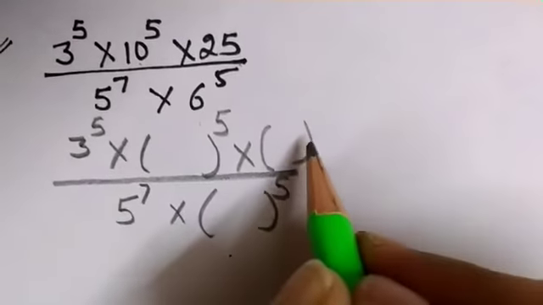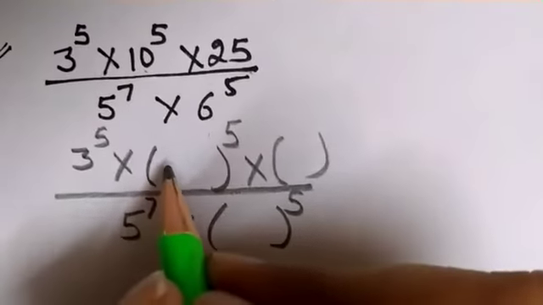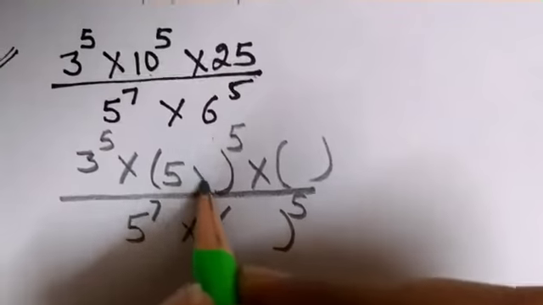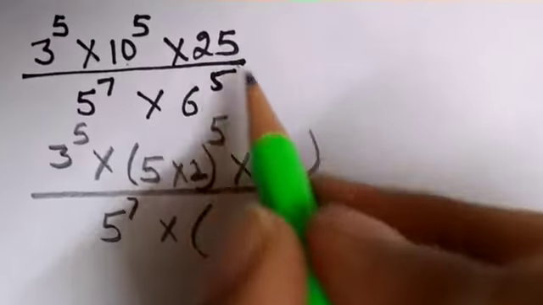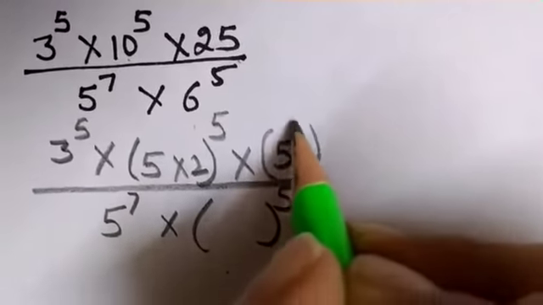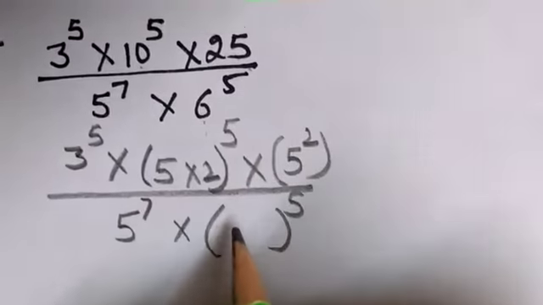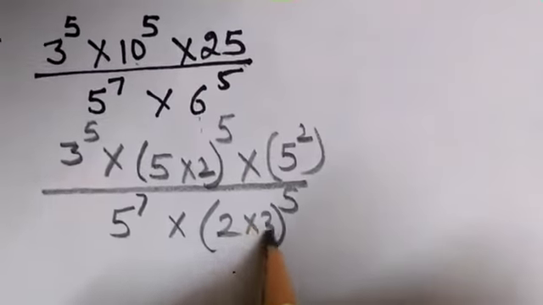That means हमें इस पे prime factors करने हैं. The prime factor of 10 is 5 into 2. Prime factor of 25, 5 raised to the power 2. Prime factor of 6, 2 into 3.